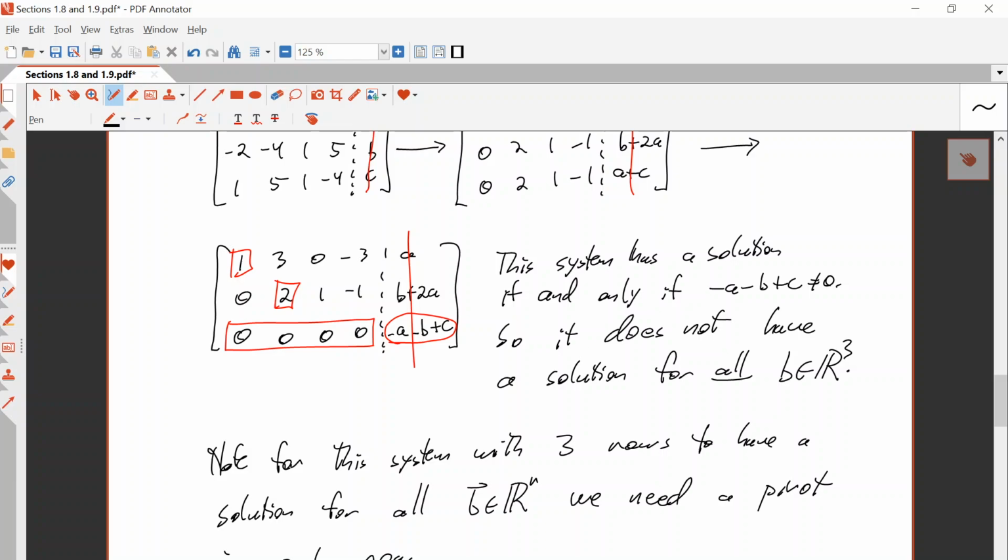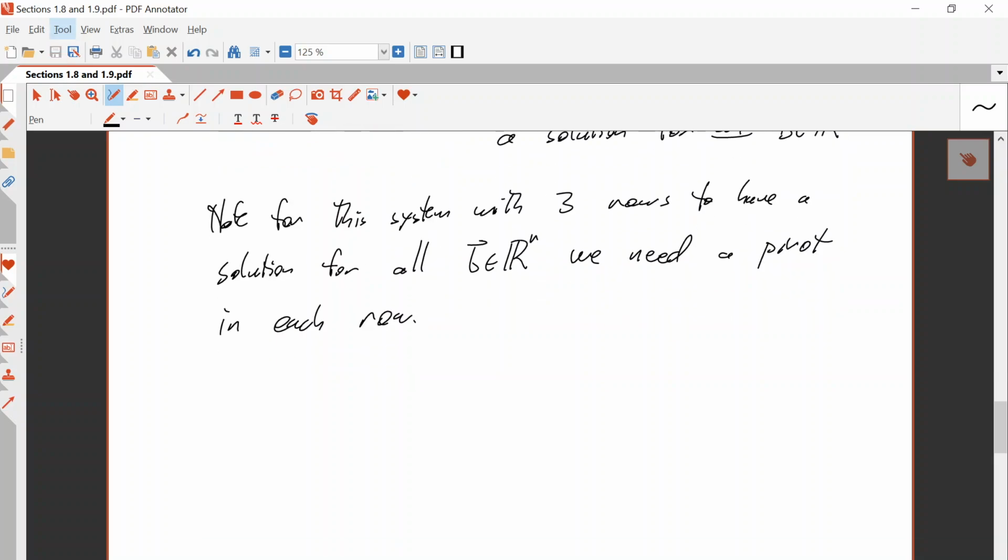If you had a 3 here or something like that, which you don't, then you always have a solution. Whatever a, b, and c are, this last row would mean 3x3 is equal to minus a minus b plus c, so x3 is equal to minus a minus b plus c over 3, which could be 0 or anything else. You do have a solution if you had a pivot in each row, but you don't. All right, a pivot in each row for that to always have a solution.